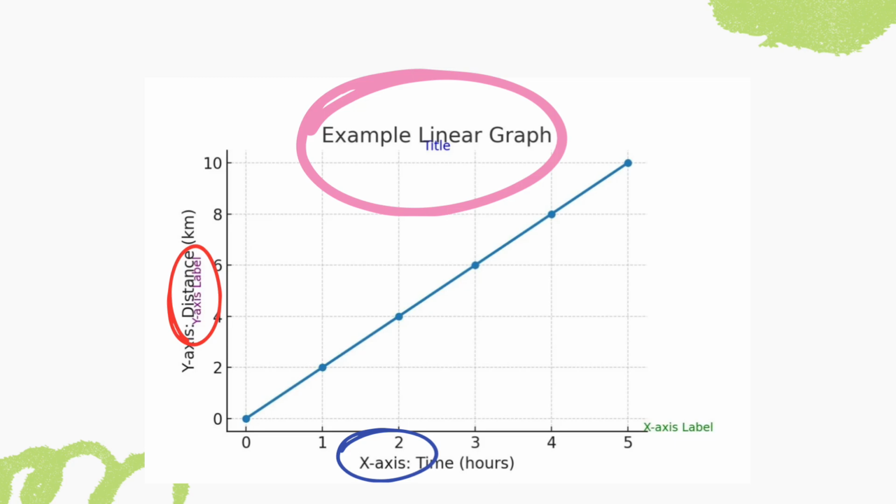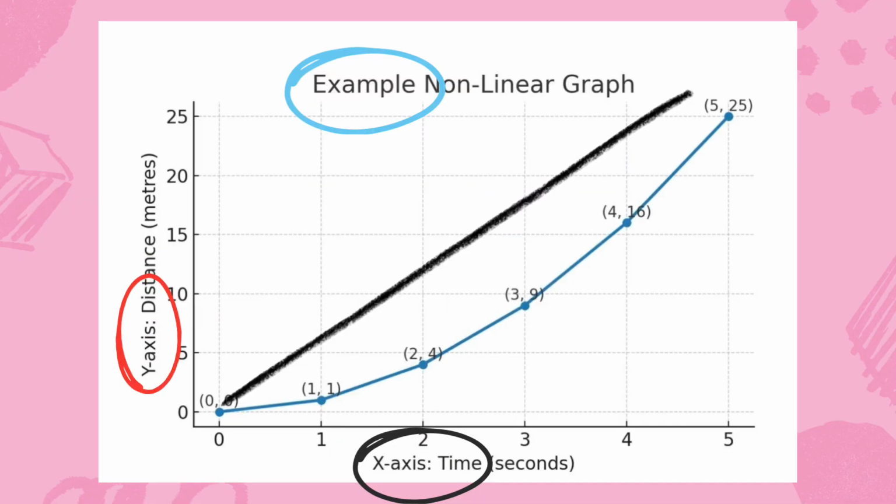Then I want you to look at the blue line on the graph. This is an example of a linear graph. This means that the graph is in the shape of a line. This is an example of a nonlinear graph.